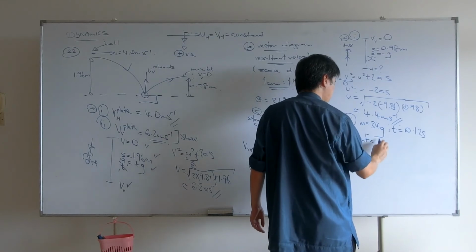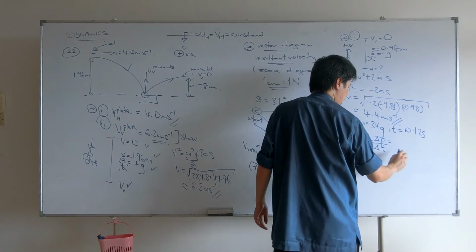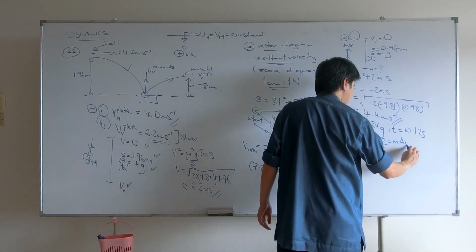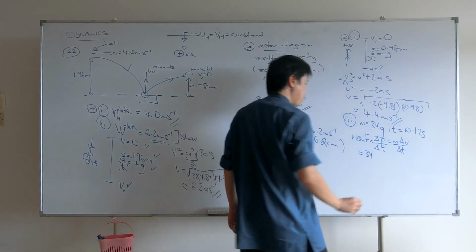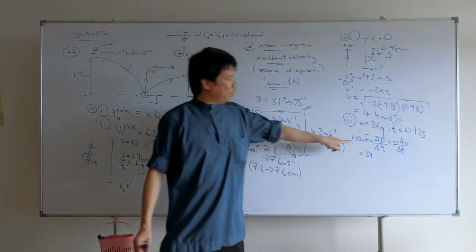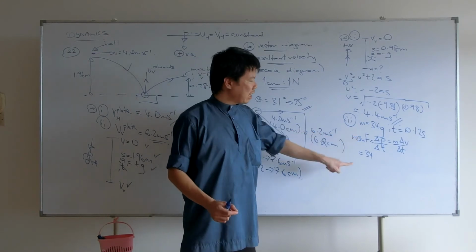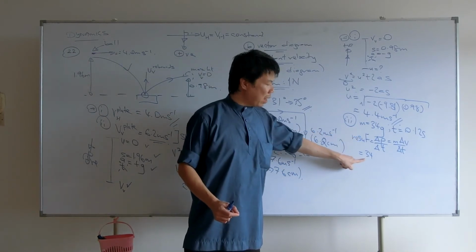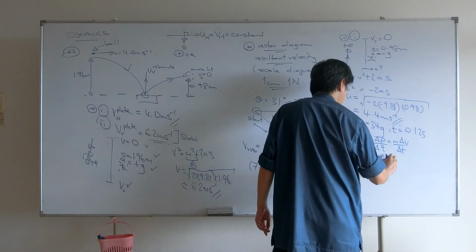Force equal to delta momentum over delta t, equal to m delta v over delta t. Mass is 34 grams, but remember, force is in newtons. Newtons requires everything to be in the SI base units. The SI base unit of mass is not grams, it's kilograms. So 34 times 10 to the minus 3.